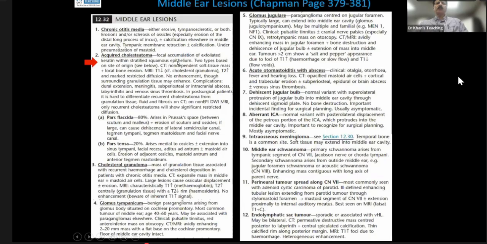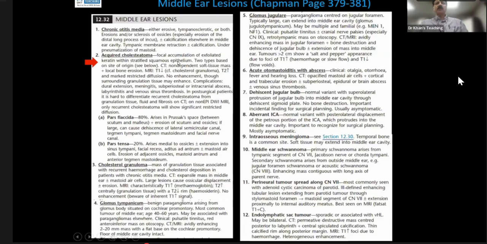Key point to remember is that cholesteatoma on MR will show restricted diffusion. This is a key point to remember. Actually, you remember in CNS, we have done epidermoids. Now, histologically speaking, epidermoid is the same thing as cholesteatoma.